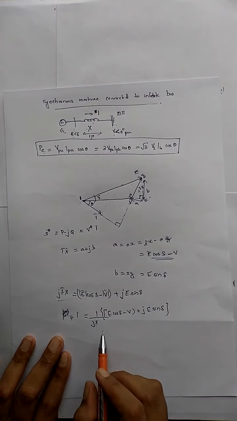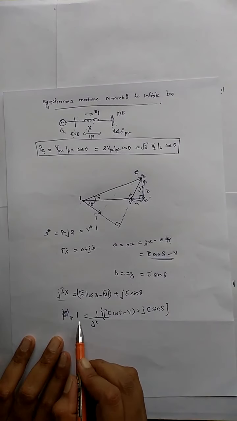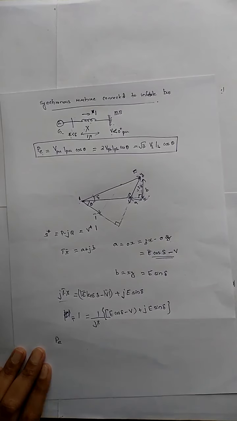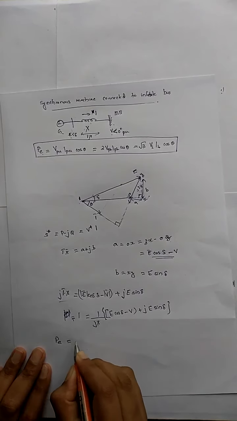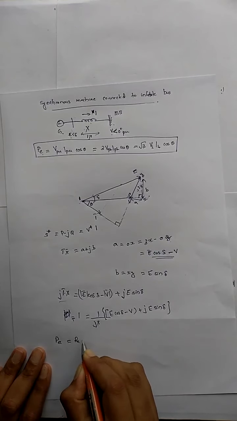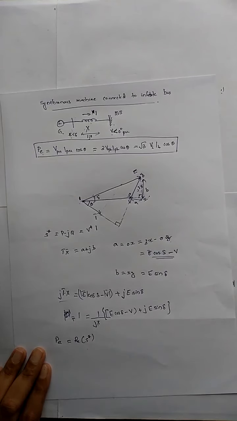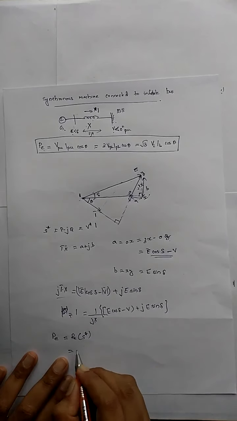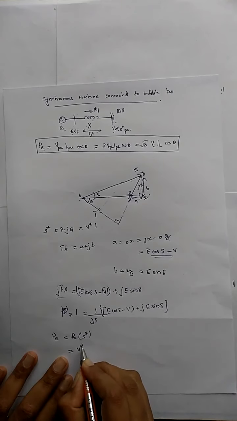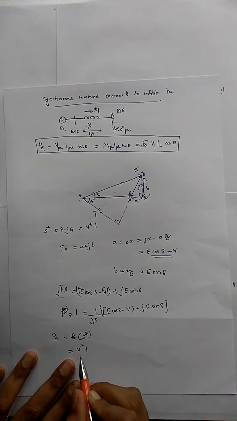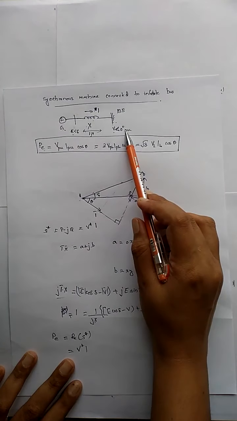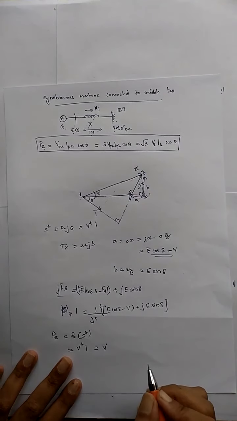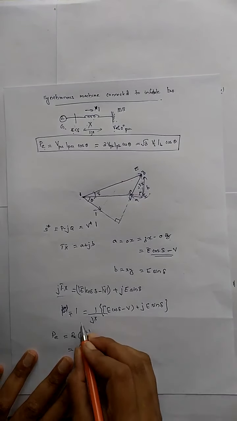I am substituting the same to find out my real power or electrical power. That is equal to the real part of my apparent power. So if I am taking the real part of the apparent power, then that is equal to V conjugate into I. Since V is V angle 0, V conjugate also will be equal to V value. The magnitude will be same. So V into this I value.